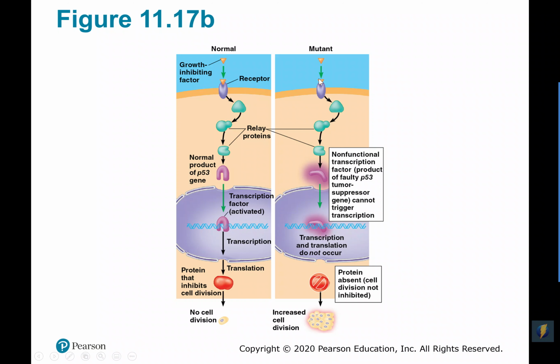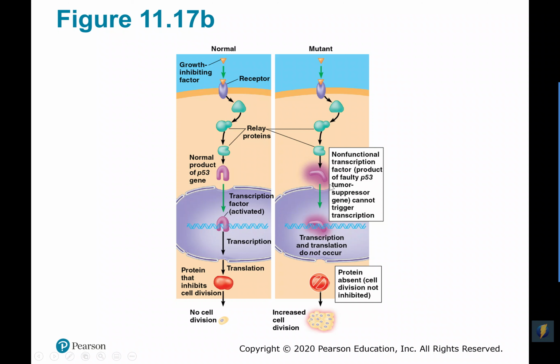But in the mutant, we get a screw up. We still have our growth inhibiting factor binding onto our receptor protein, but we get a screw up in the relay and passing the message. And so you end up with this oddly shaped transcription factor.